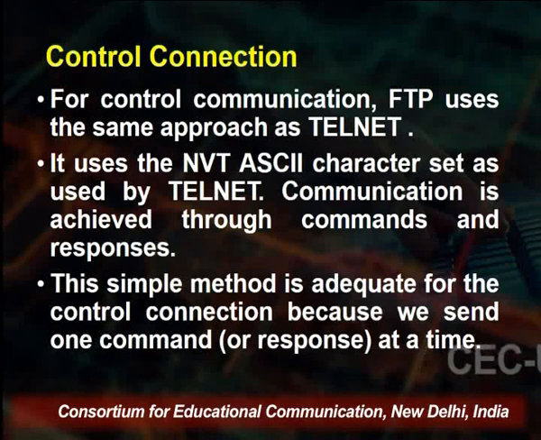We have a set of control commands, and every command has its code also. Each line is terminated with a two-character end of line, that is, carriage return and line feed.